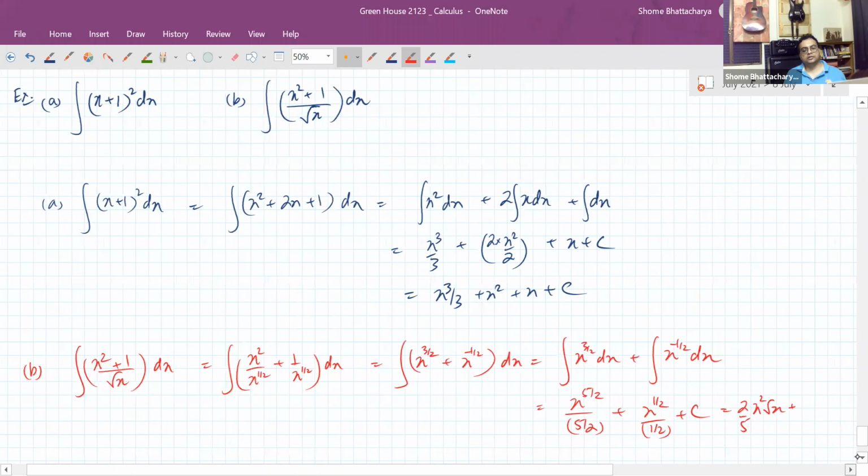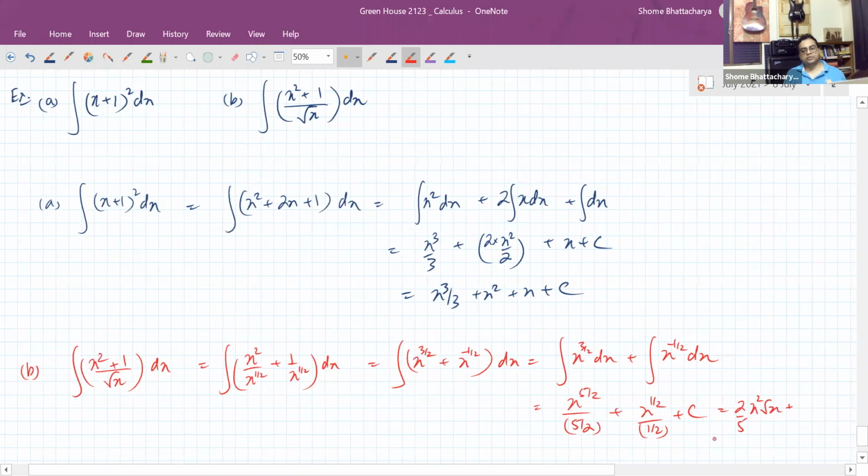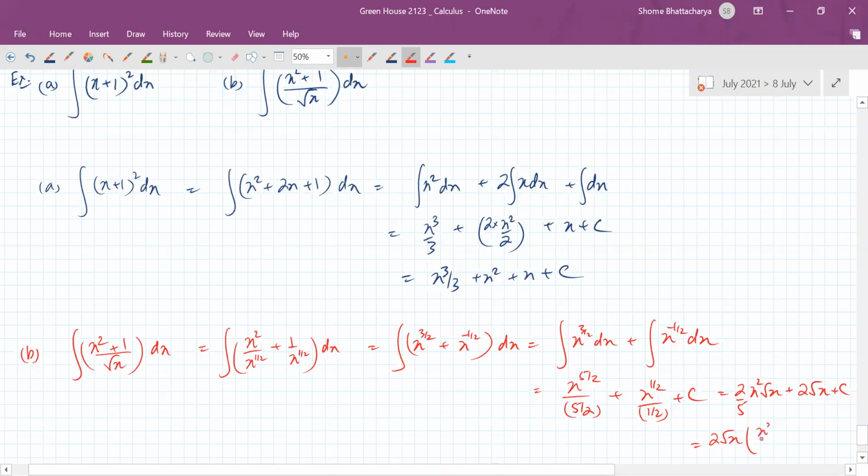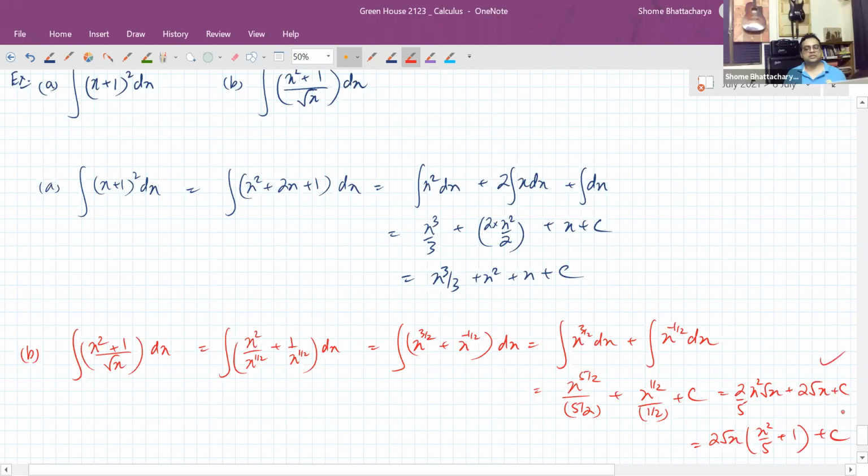So you can even take 2 root x common: x square by 5 plus 1, plus 8. We'll write it like this, or this is fine.